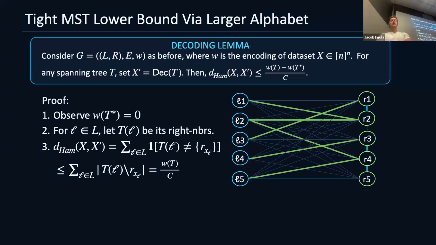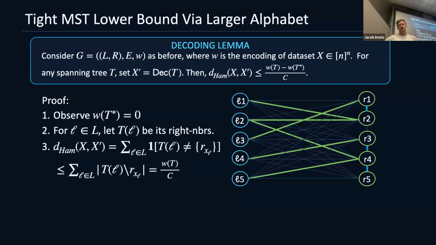The proof of this is, well, show that the optimal tree has weight 0, which we can do because you can just take the matching plus the path. So that's what the path is there for. All of those edges have weight 0.